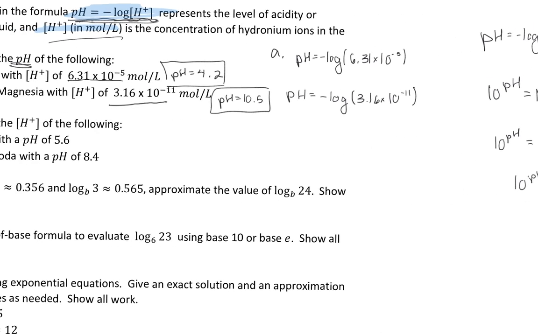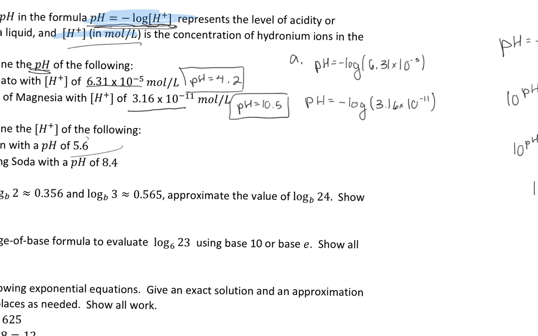Perfect. So now looking at the first one, we have an onion with a pH of 5.6. We know that H plus is equal to 1 over 10 to the 5.6.